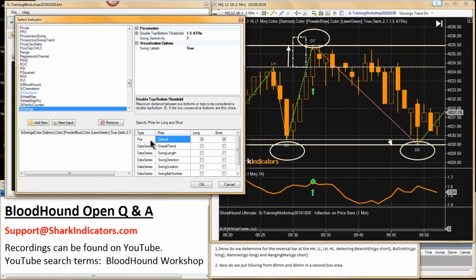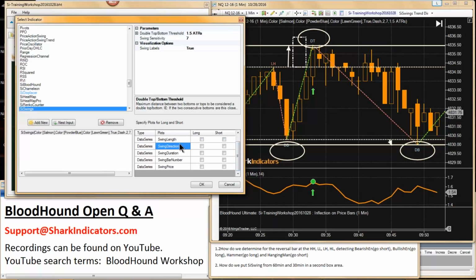There's only a couple of NinjaTrader indicators that actually have a plot called default. So for the swings indicator, there is no plot from this indicator. NinjaTrader just threw that in for good measure, I guess. So there's nothing that you can get out of this plot, but the swing indicator does have all of this data series information.